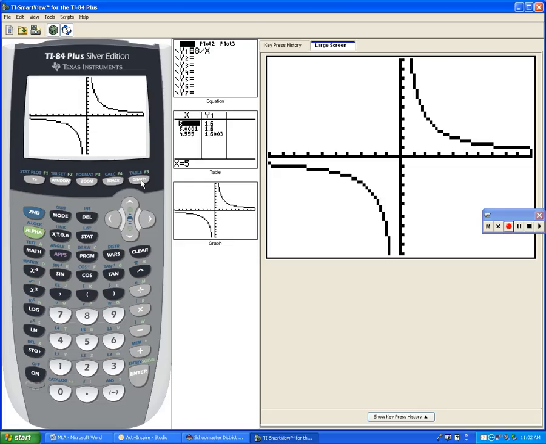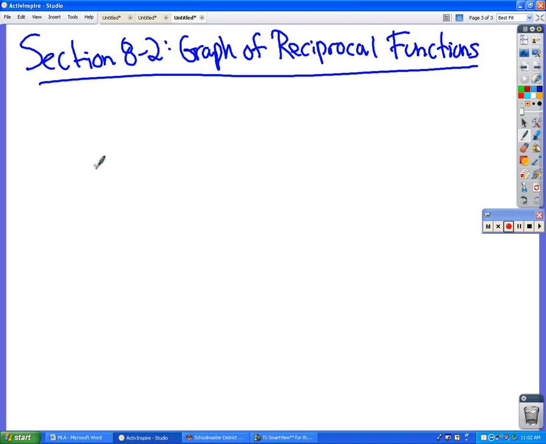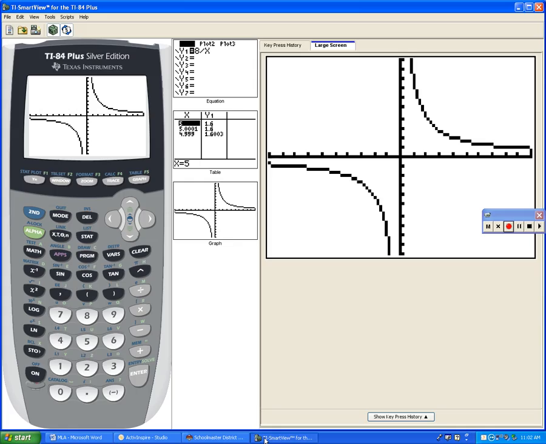If you consider the original function y equals 8 over x, why is there a vertical asymptote in this graph at x equals 0?